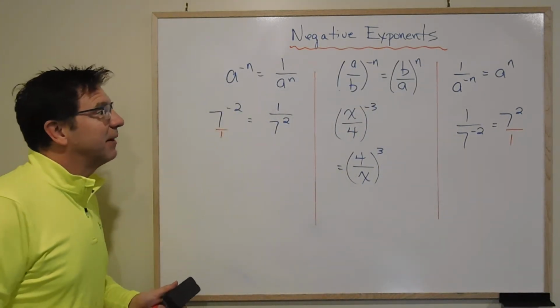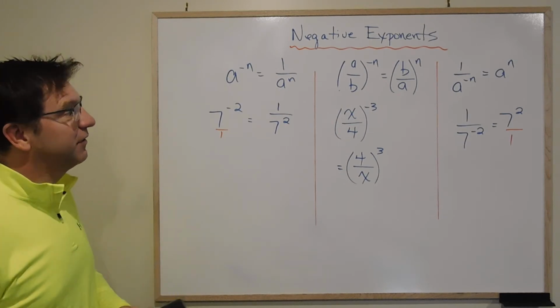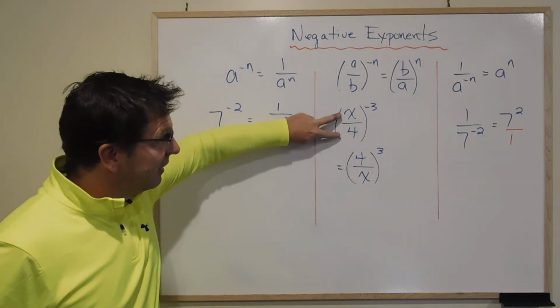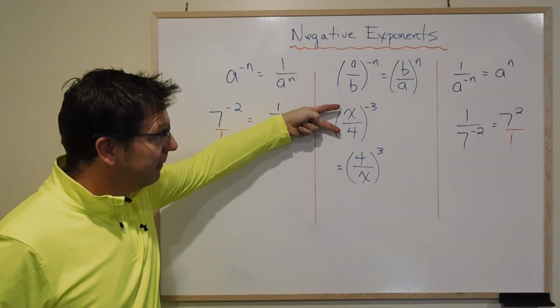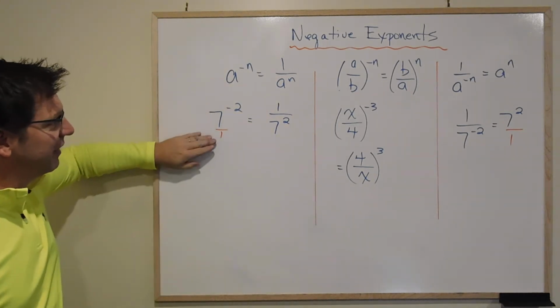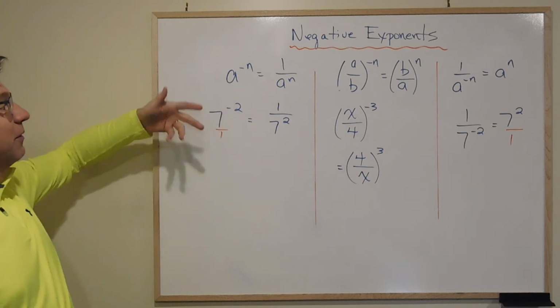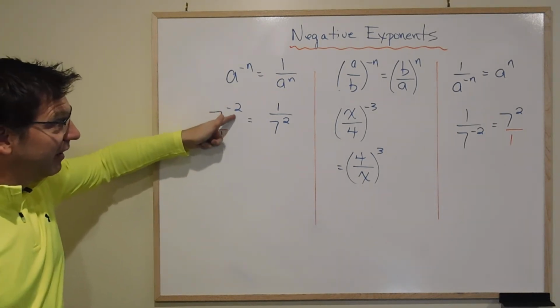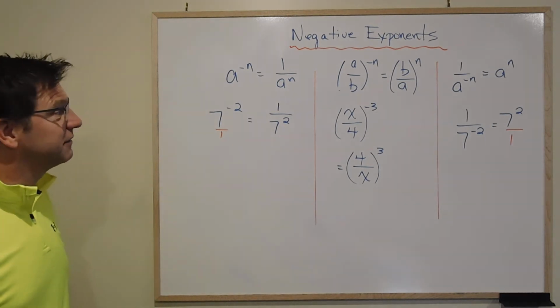So basically, to make a negative exponent positive, take this middle one, we're looking to take our fraction and flip it. If we don't have a fraction and we just have a 1 on the bottom and our negative exponent is on the top, we would flip this so that our negative exponent goes to the bottom and becomes positive. That's the key to making it positive.